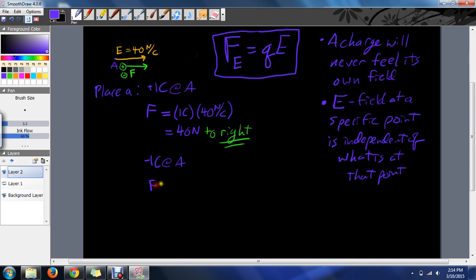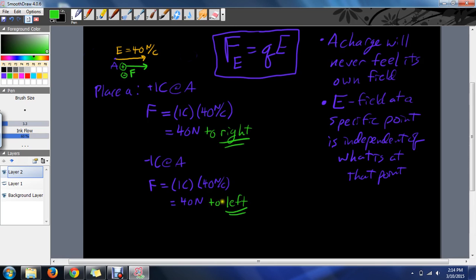So if I put a negative 1 coulomb charge there, you can plug in a negative sign here if you like. I'd be careful of that though, and I would just think. So the negative sign isn't wrong in this context because you would get negative, which would mean to the left. But for my class, I definitely want you guys to emphasize the word, and this will help you moving forward. This isn't just me. This will be really helpful to you guys in any context.